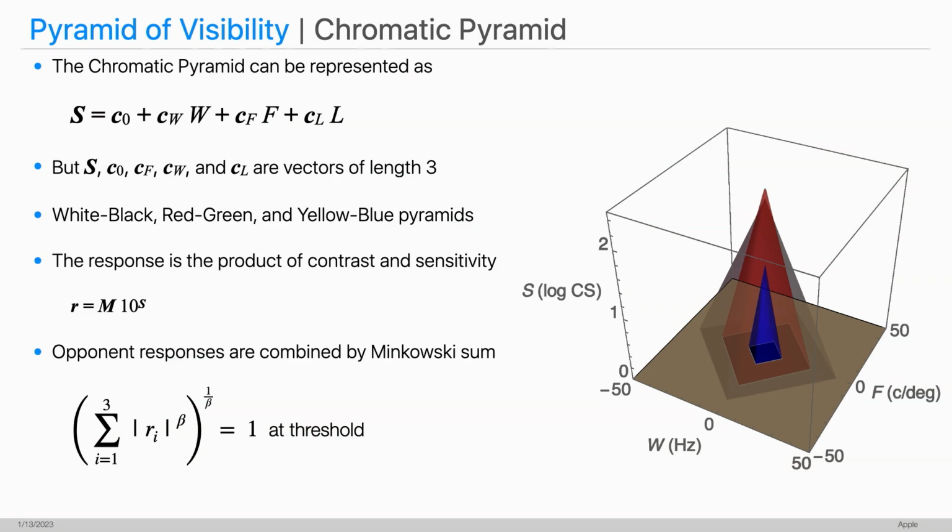And we assume that's going to be equal to 1 at threshold. That'll be 1 JND. So this machinery that I've just described is a way of computing the sensitivity for an arbitrary modulation in color and space and time and eccentricity, and figuring out what the sensitivity should be to that signal.